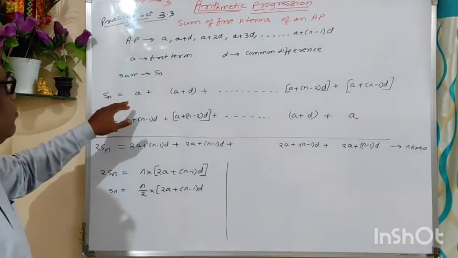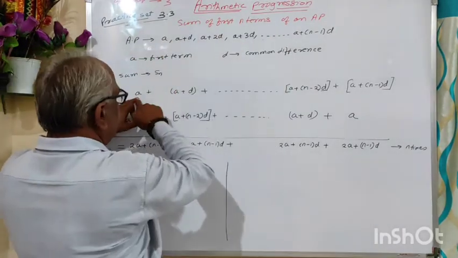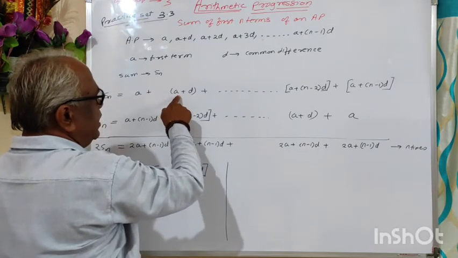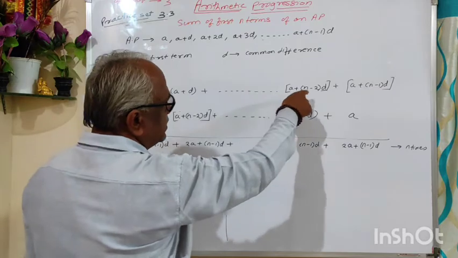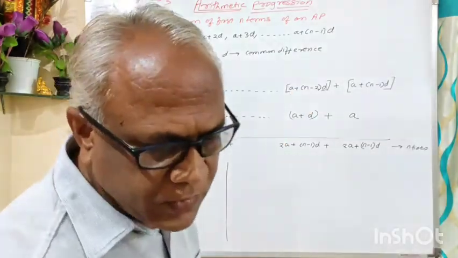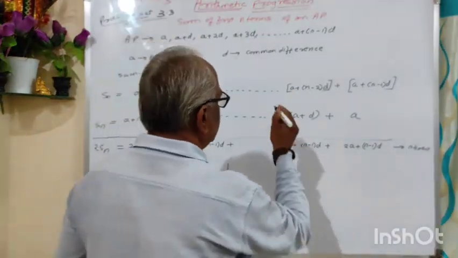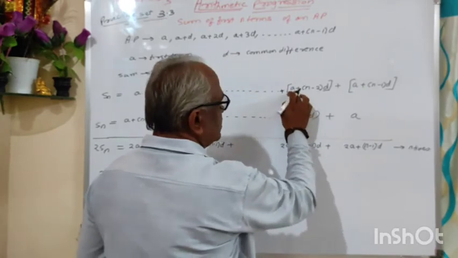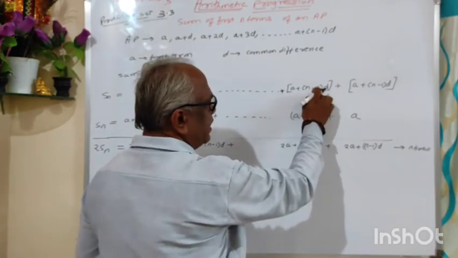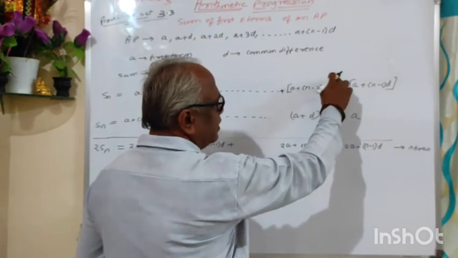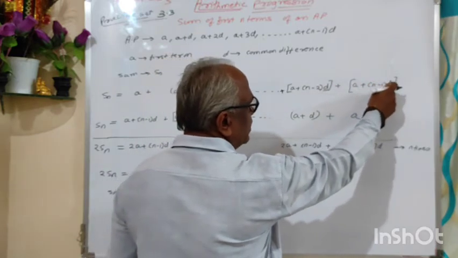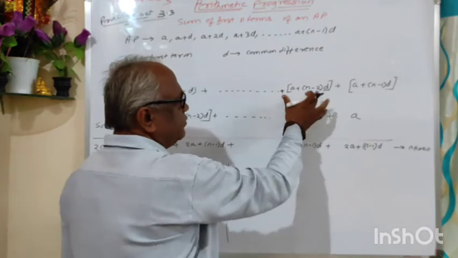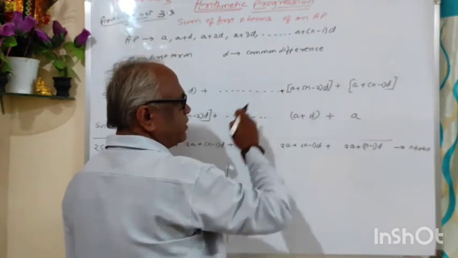So Sn is equal to the sum of these terms, that is a plus (a plus d) plus (a plus 2d) plus up to (a plus (n minus 2)d) plus (a plus (n minus 1)d). This is the last term that comes at the end.